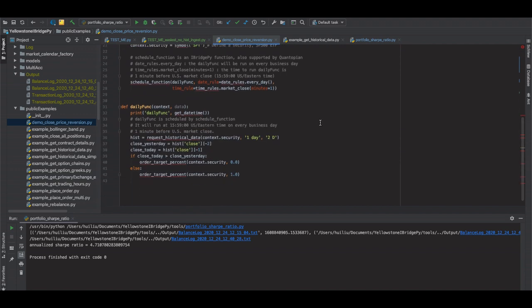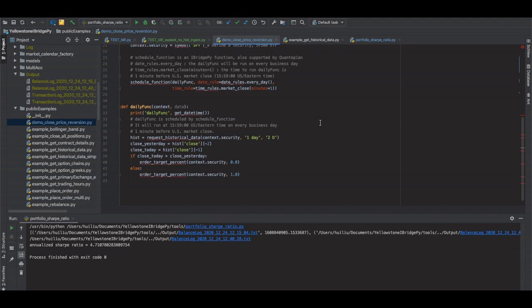The basic idea is if yesterday's price is higher than today's close price, which means there is a price drop at the end of today's trading day before market close, then we assume there is a price reversion, which means tomorrow's price will go up.